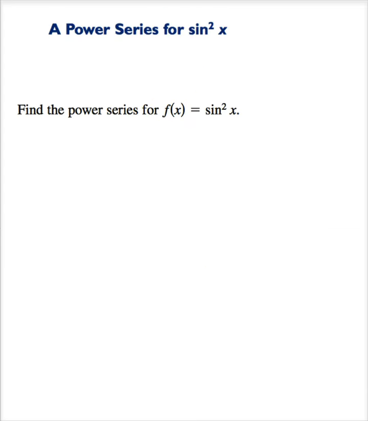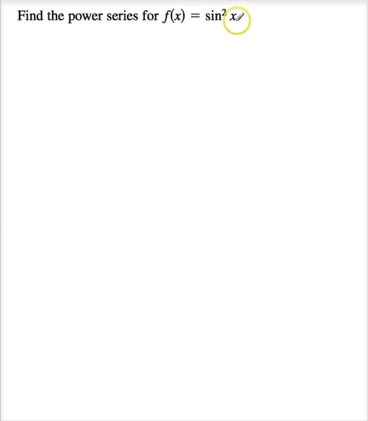The next trick I want to show you is when you have to deal with a power series expansion of something like sine squared of x. The easiest way to do this one is to notice that sine squared of x is 1 minus cosine of 2x, all over 2.